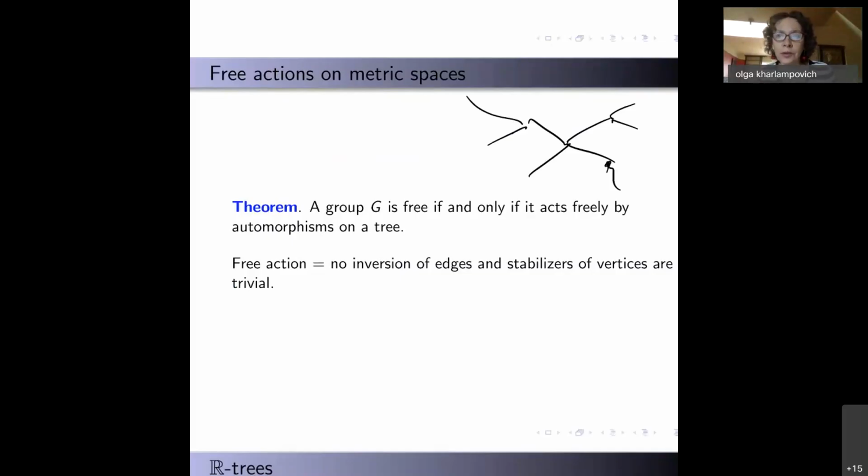And the group acts on a tree by automorphisms. So vertices are taken to vertices bijectively, right? And corresponding edges are taken to corresponding edges.